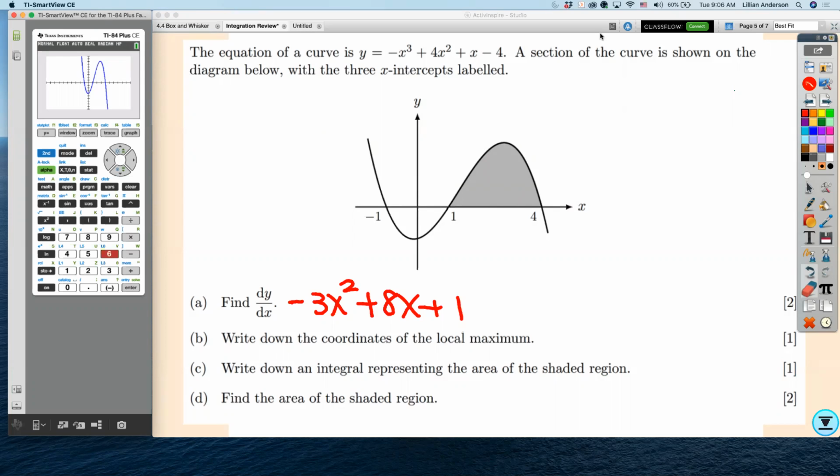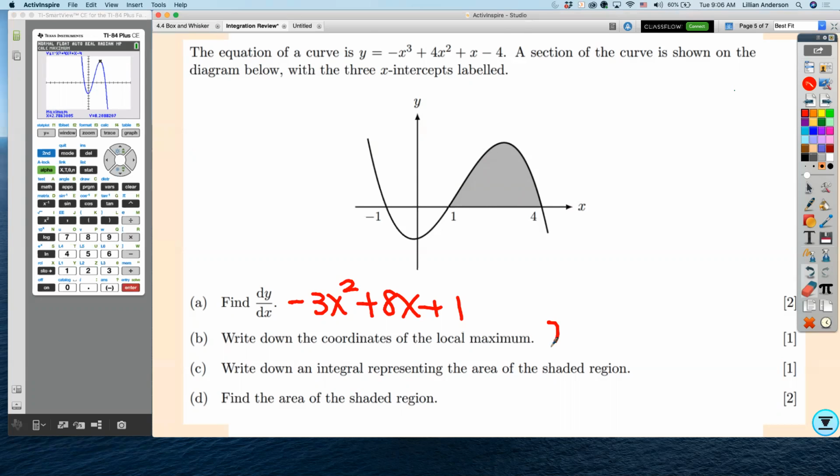To find the maximum, I can go to second trace, option 4. When it says left bound, you need to go to the left of the maximum point and click enter. Right bound, you move to the right of that maximum point and click enter. Then you click enter one last time for it to guess. And there is your maximum point.